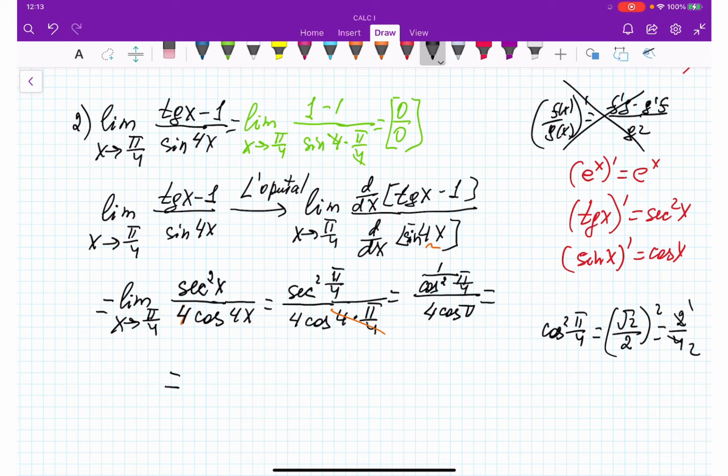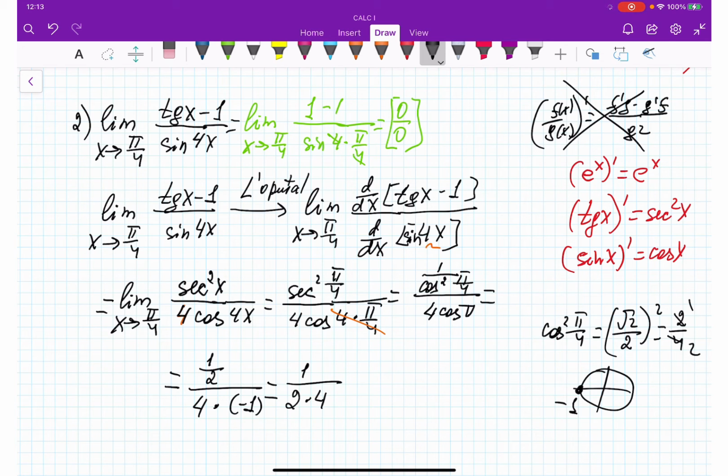Okay, this is equal 1/2 on the top. At the bottom we have 4 times cosine pi. Cosine pi here is -1, right? Times -1. And we are getting 1/2 times 4.